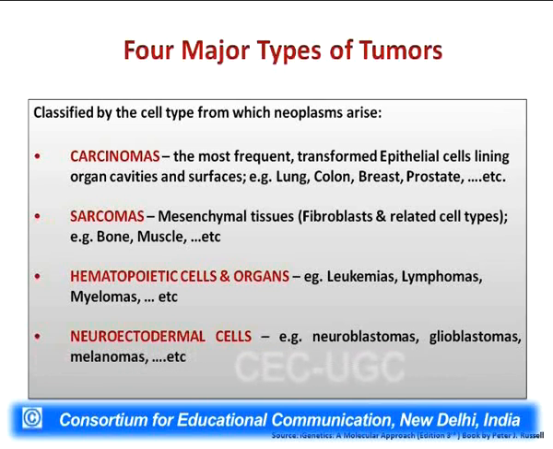The third major type is the hematopoietic cells and organs, involving the red blood cells and white blood cells, which are called leukemias, lymphomas, and myelomas. And the fourth major type of tumor is the neuroectodermal cells, which majorly affect the neuroblast cells.